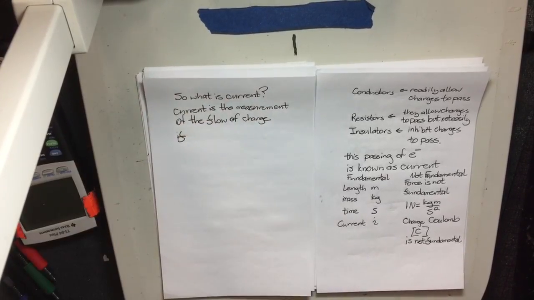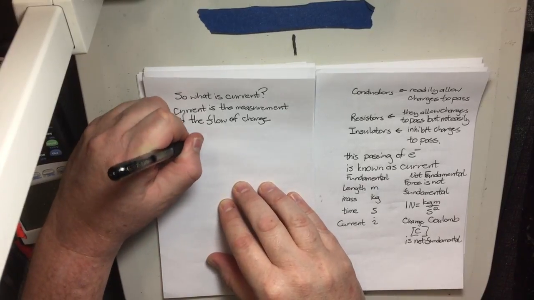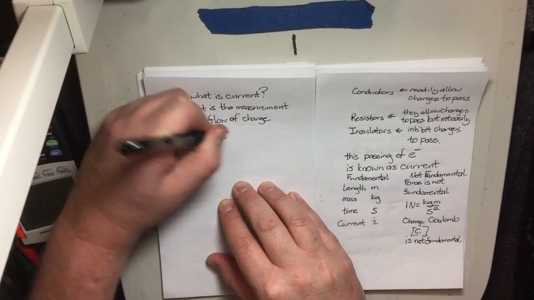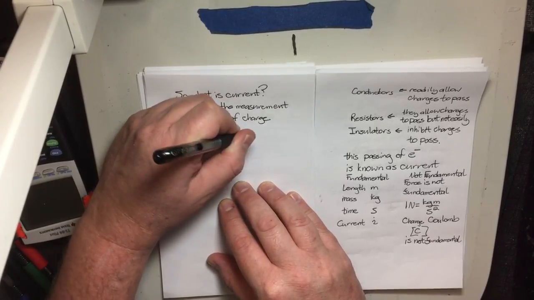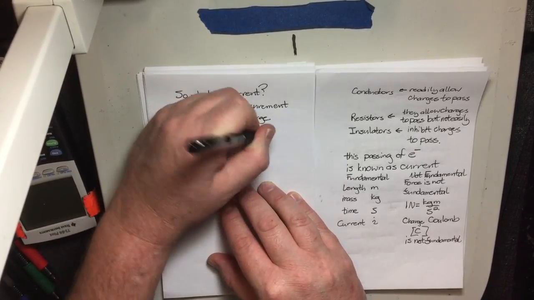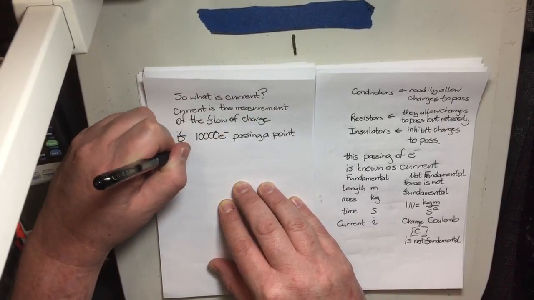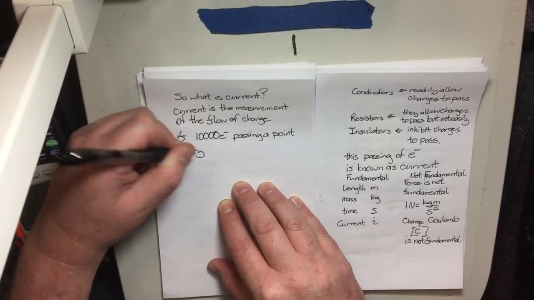Let's say for a moment that we just had a wild herd of electrons flowing in one particular direction, and you had 10,000 electrons passing a point every second.